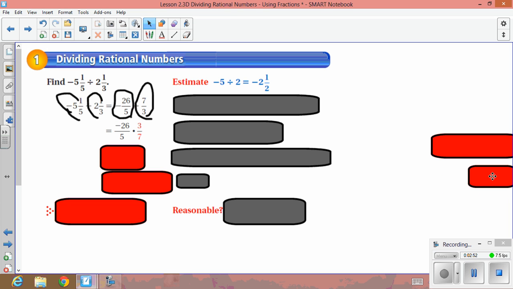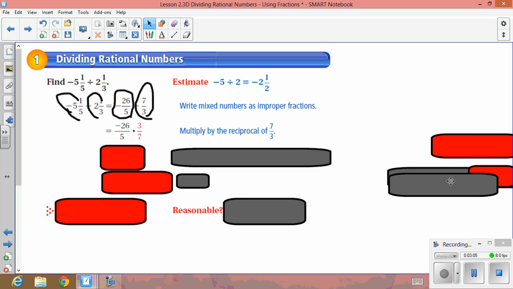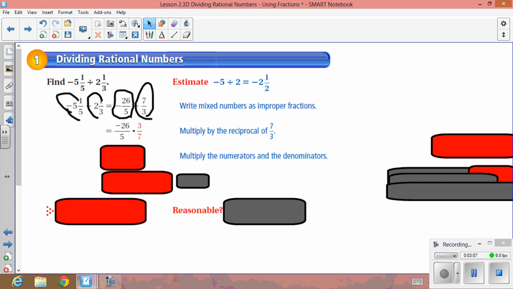Now what we want to do is keep, change, times the reciprocal. And from here we multiply straight across. So we're going to multiply -26 times 3 over 5 times 7.